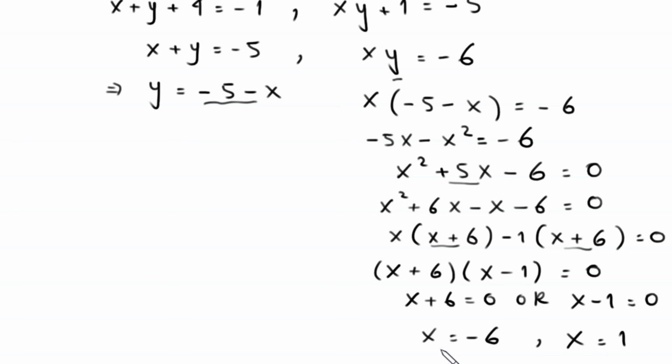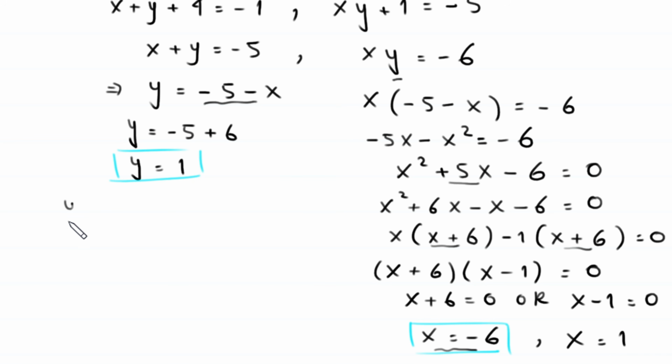And when x is negative 6, then y will be equal to negative 5 plus 6 and y will be equal to 1. When x is negative 6, then y will be 1. And when x is 1, then y will be equal to negative 5 minus 1 and y will be equal to negative 6.